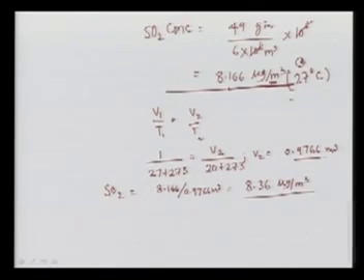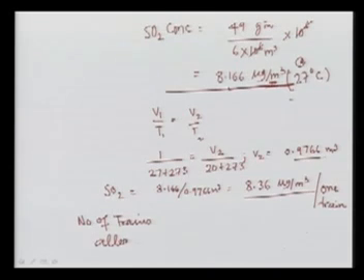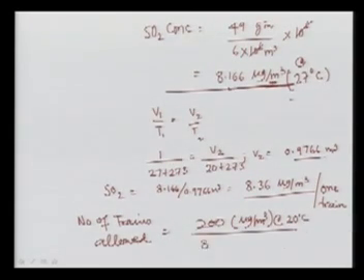The allowed concentration is 200 micrograms per meter cube, and this is the contribution by one train. So the number of trains allowed will be 200, that was my standard to meet at 20 degrees Celsius, divided by the concentration caused by one train, 8.36 micrograms per meter cube.